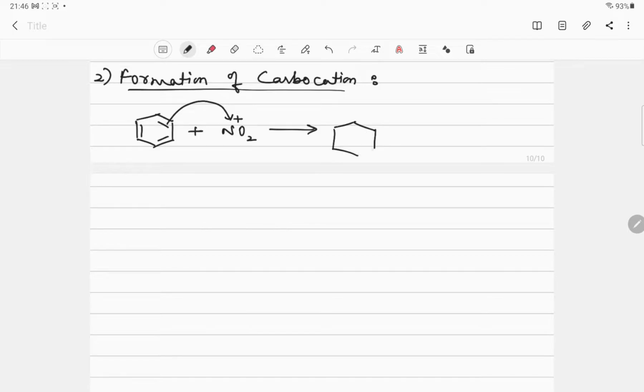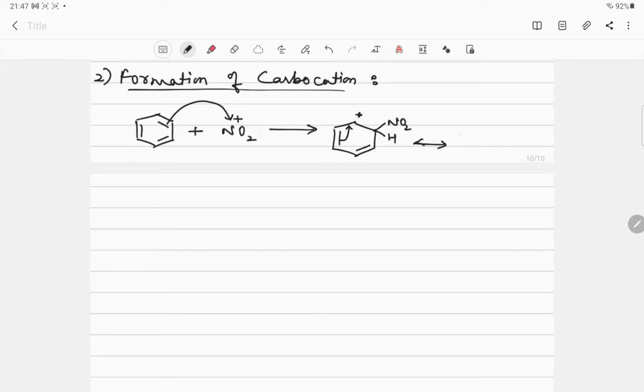The rest of the two pi bonds will remain undisturbed like this, and here this pi bond is forming a bond with this NO2, and H is already present here on this carbon, and this carbon will become positively charged because it has given its pi pair of electrons. Now this positively charged carbon will be withdrawing this pi pair of electrons towards itself.